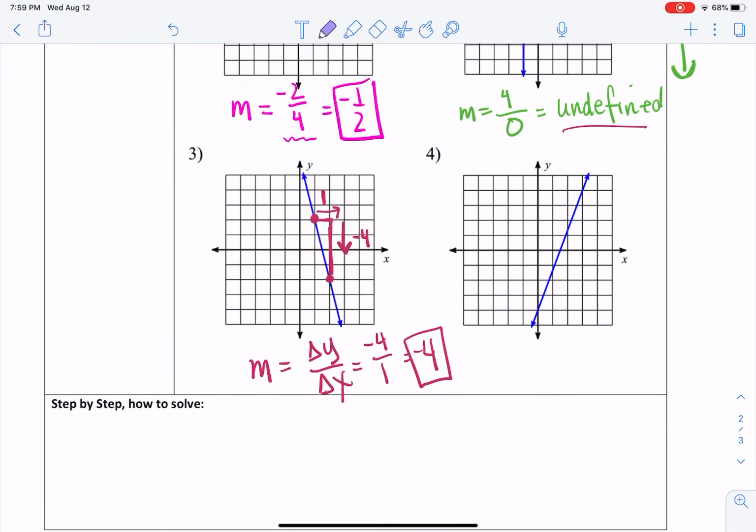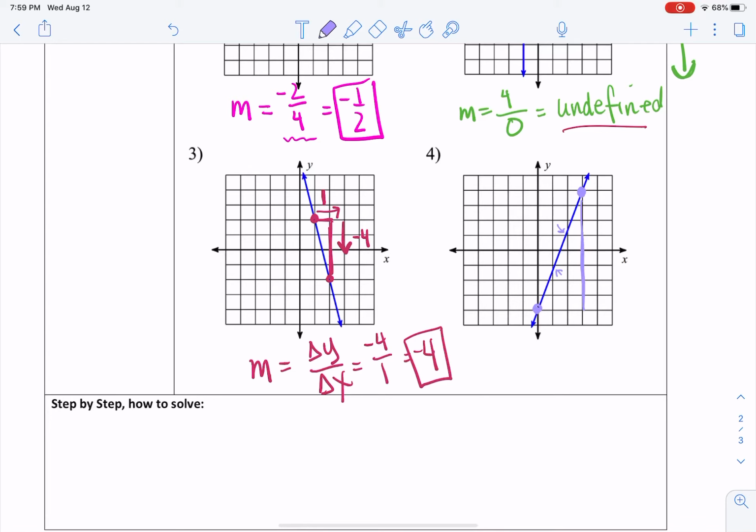The last one is a bigger slope. So I start down here because I can see that it marks right here. But as I count up, that one doesn't quite go through the intersection right there, so I have to keep going. Again, not quite. I have to go all the way up here. Sometimes you're going to have to go a long way to be able to count your slope.